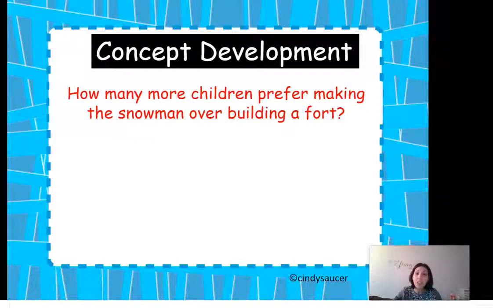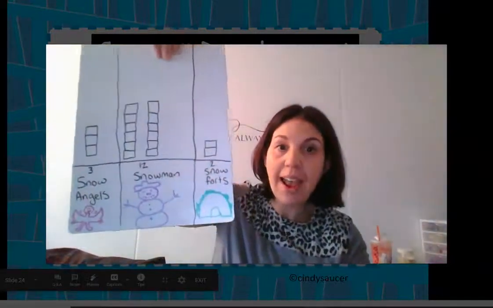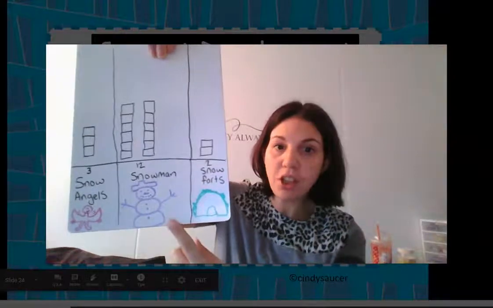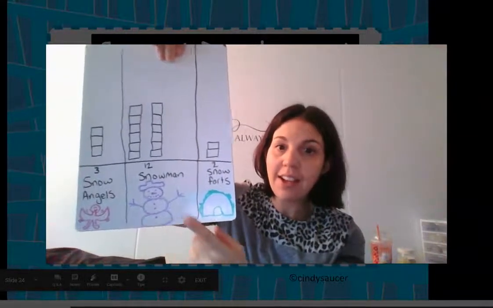Look at this one. How many more children prefer making the snowman over building a fort? So this is the same kind of question. Let me show you my chart again. We want to look at snowman. How many more people chose snowman than the fort?